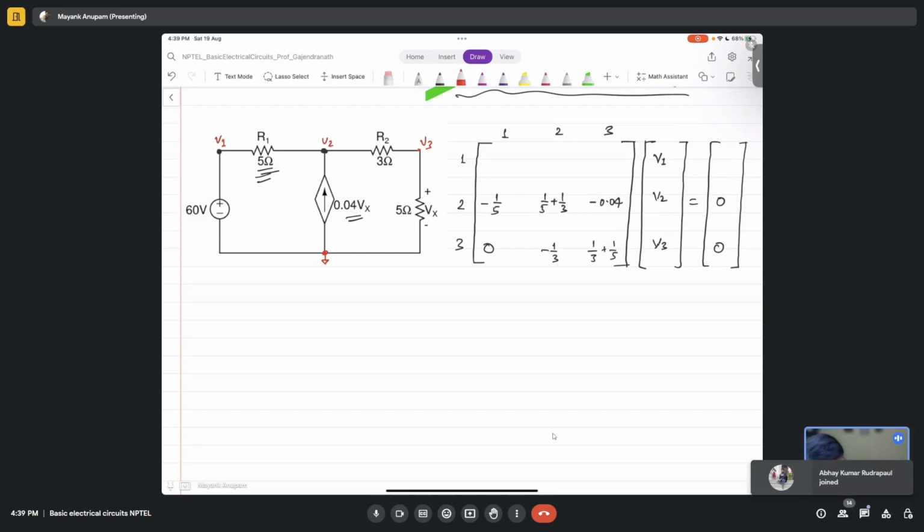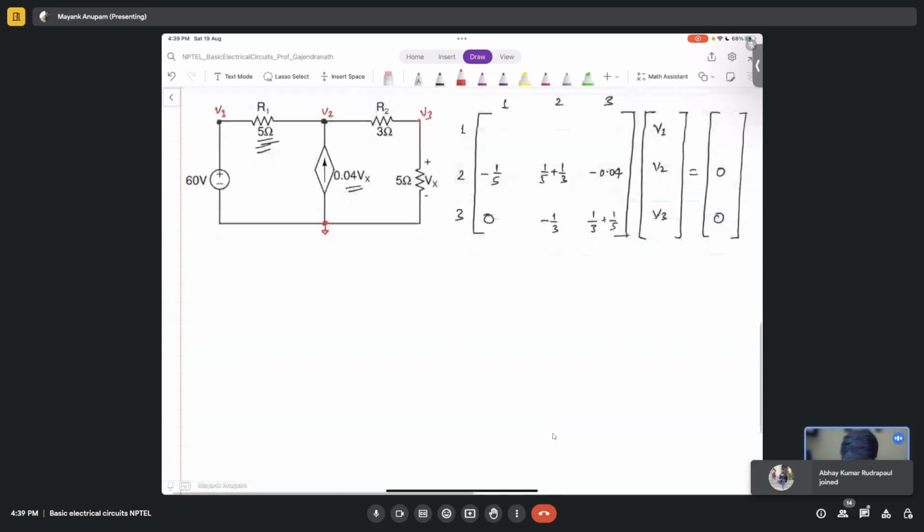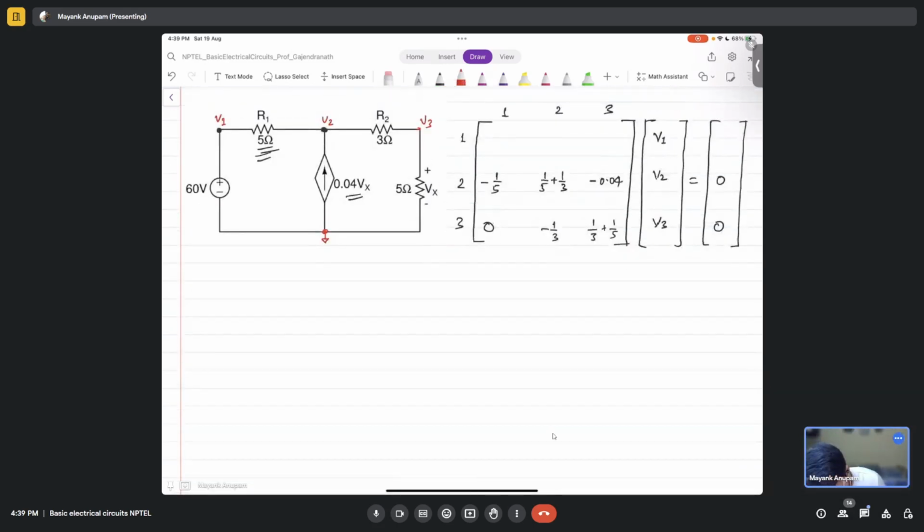This is an independent voltage source, right? How will you handle it while writing KCL equations for forming matrices? You form a super node, right? Correct, yes, sir. The terminals between which this independent voltage source is connected, you form a super node. You take both the nodes and simply collapse them to form a super node.